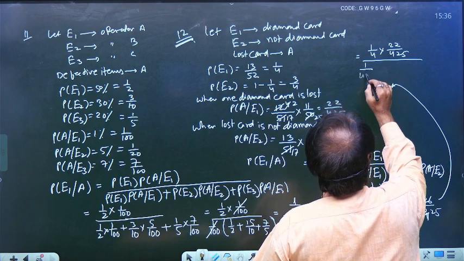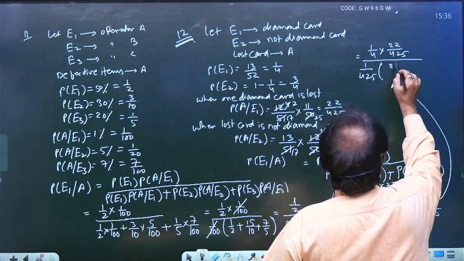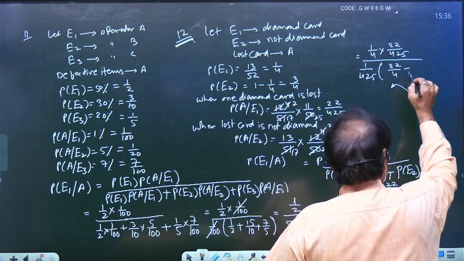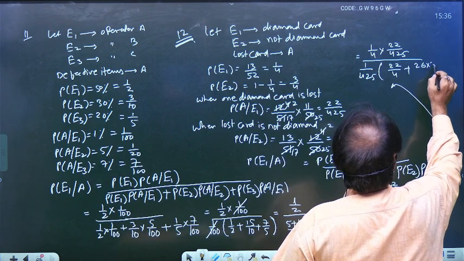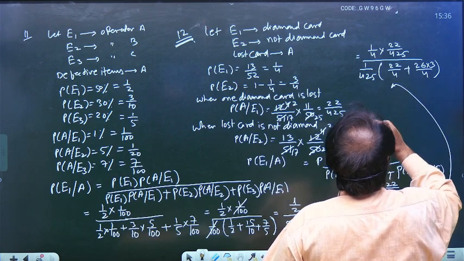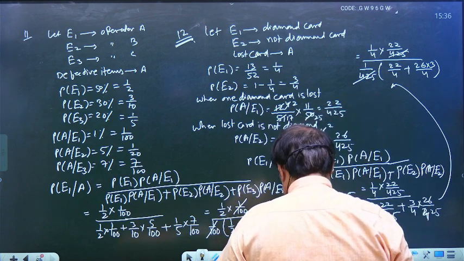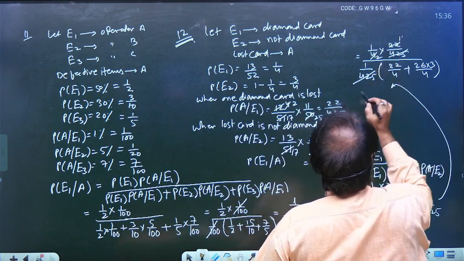So what will be left? 22 upon 4. Okay. And plus 26 into 3 upon 4. Okay. So this will be, and this cancels.